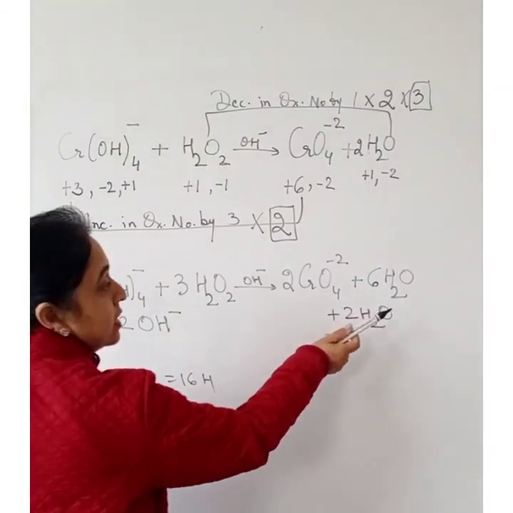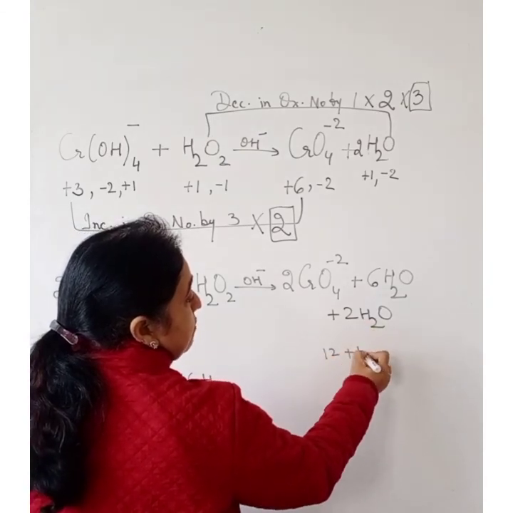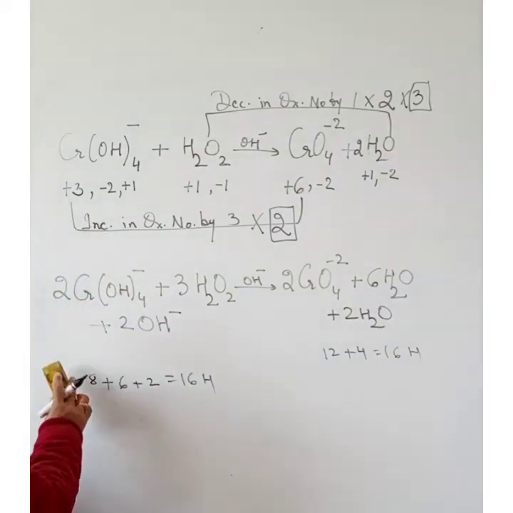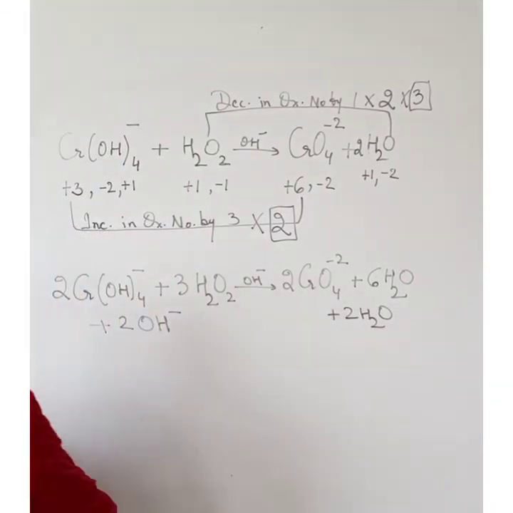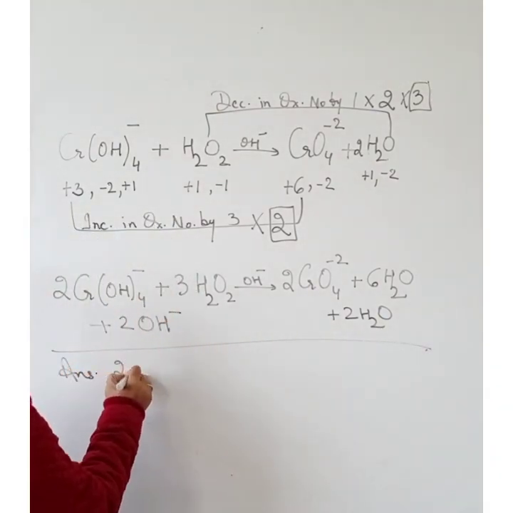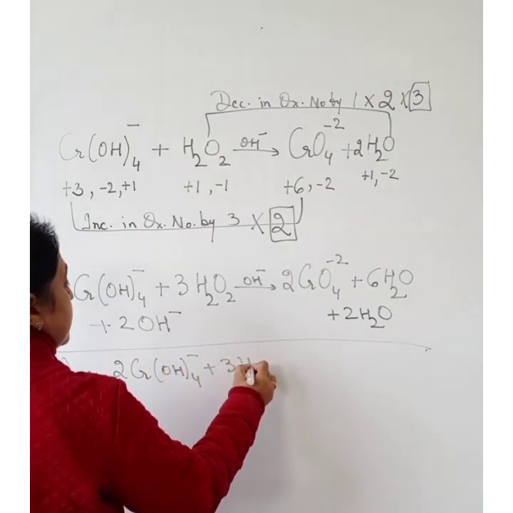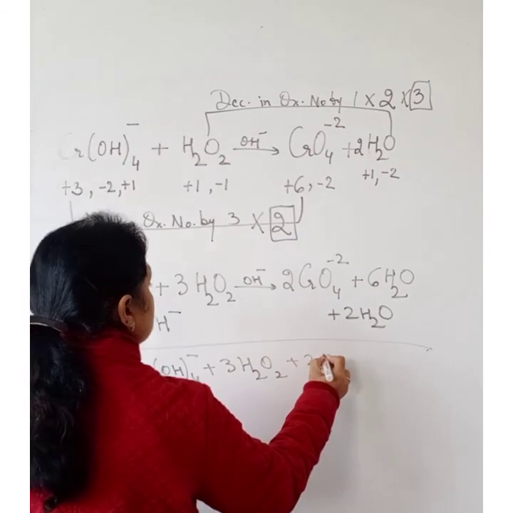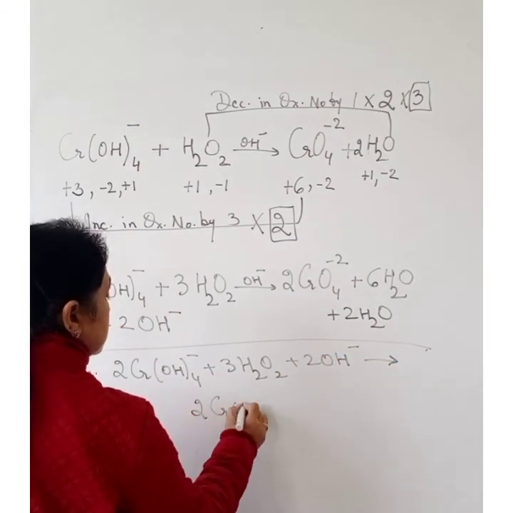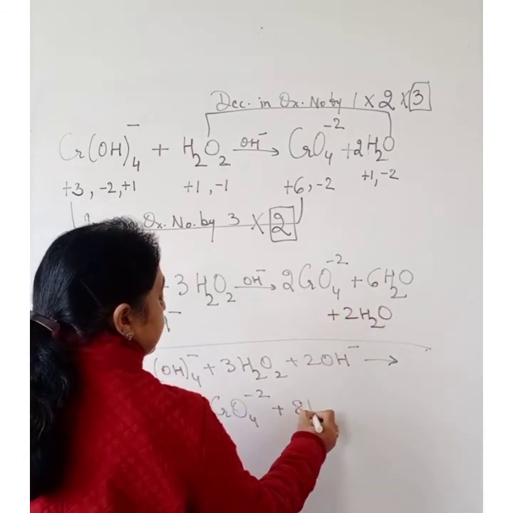On this side 6 2s are 12, 12 plus 2 2s are 4, that means 16 hydrogen. That means hydrogen atoms are balanced on both sides. So your answer is 2 CrOH4 minus plus 3 H2O2 plus 2 OH minus gives 2 CrO4 2 minus plus 8 H2O.